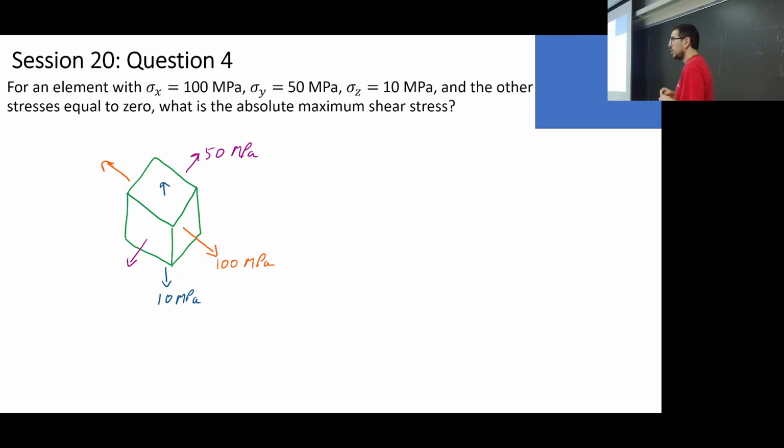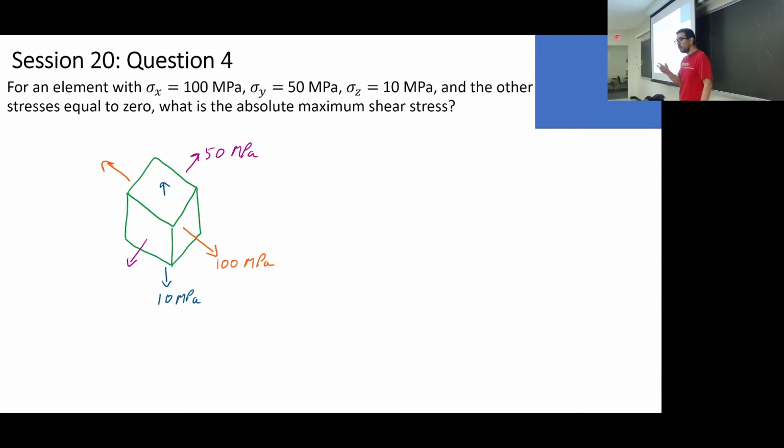Yes, Andrew. So in here sigma x, sigma y, sigma z, are those all the principal stresses? Yes, that's a good observation. What we're looking for is the maximum in-plane shear stress that ends up dictating the absolute maximum shear stress for this system.